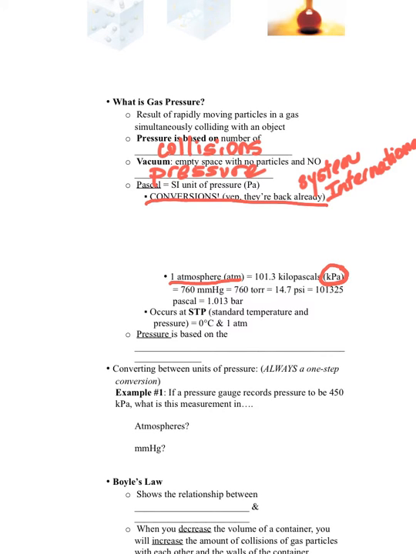So 1 atmosphere is equal to 101.3 kPa, kilopascals, which is also equal to 760 millimeters of mercury, which was also named a torr. So you need to get the idea that 1 millimeter of mercury is equal to 1 torr.